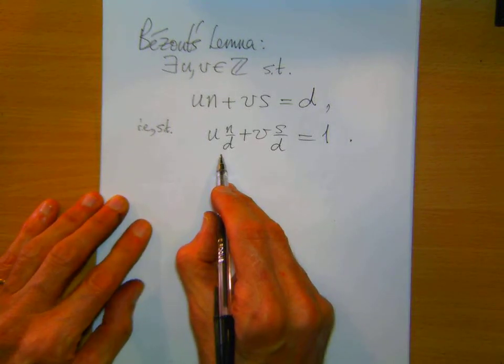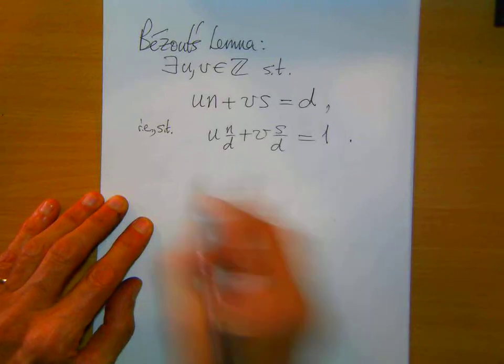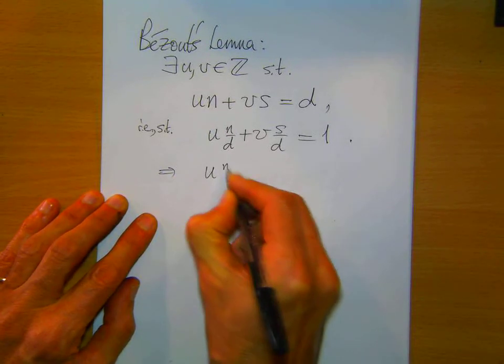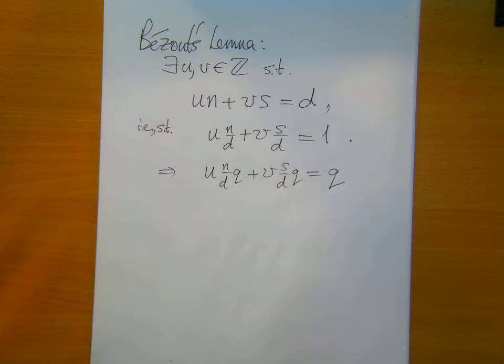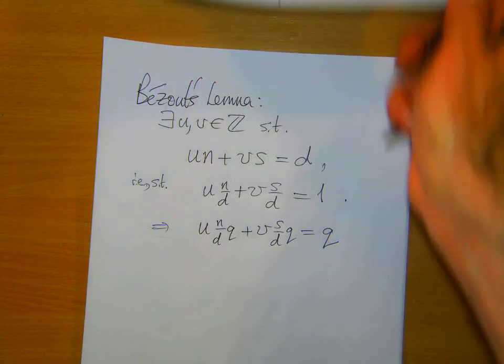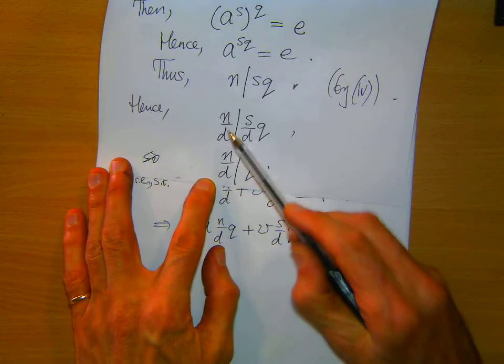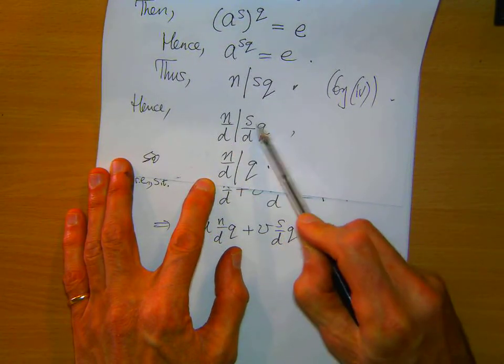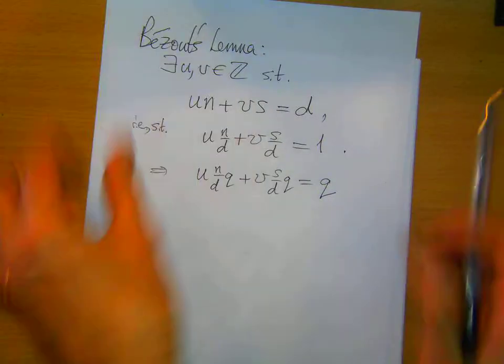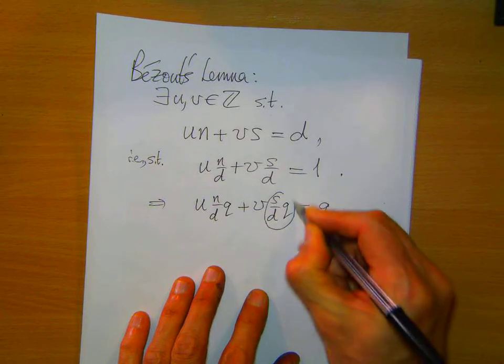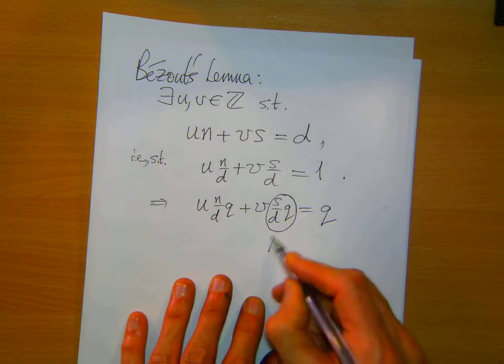Essentially, this number on the right-hand side is the greatest common divisor. So if I multiply this by q, I'm multiplying both sides by q now. Okay. You might have forgotten what we're actually trying to do. We know from here that n over d divides s over d times q.